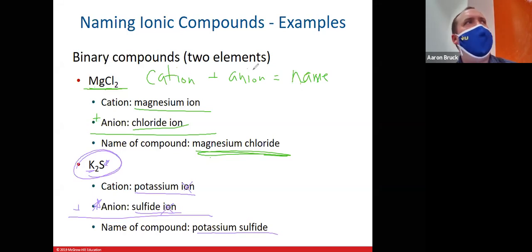We're either recognizing elemental ions, monatomic ions, and those are just by name of elements. If it's negatively charged, if it's non-metal, we fix the ending to IDE. Otherwise, it holds exactly the same. And then I just put the two names together.